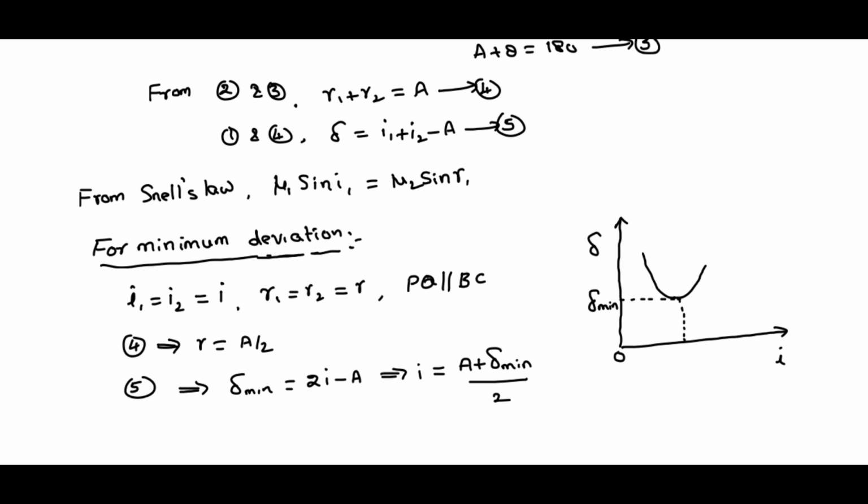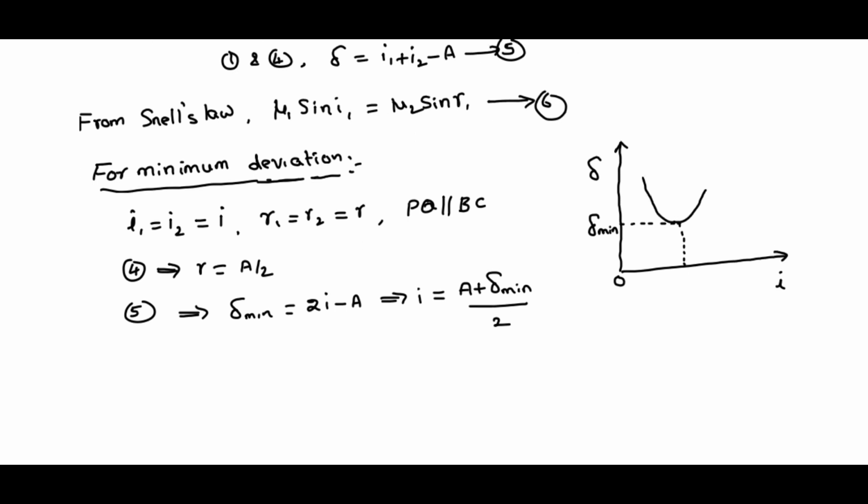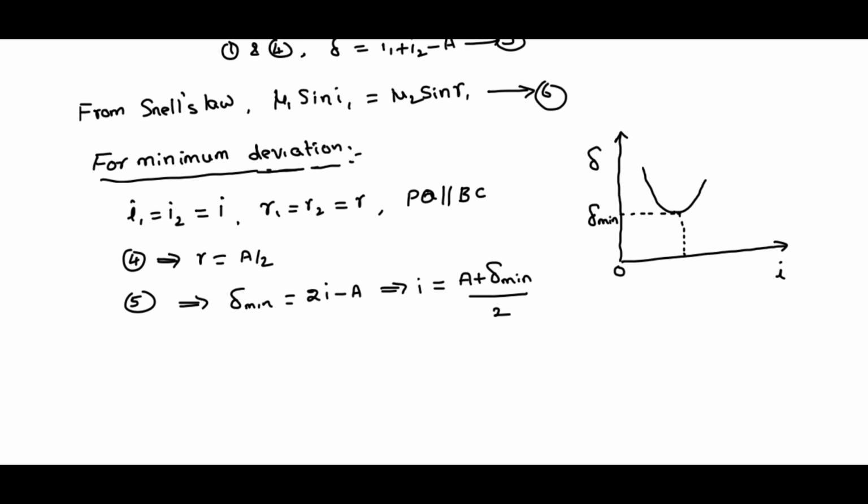Now we can name the previous Snell's law equation number 6. Now from equation number 6, we can write mu1 sine of I1, but I is sine of (A plus delta minimum) divided by 2, is equal to mu2 sine of R1, that is sine of A by 2.